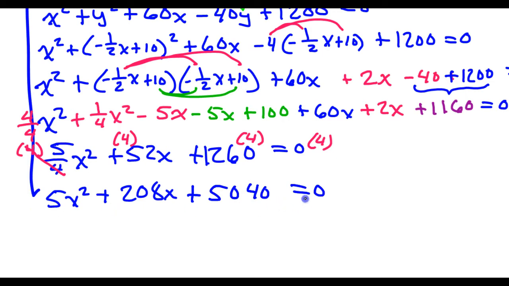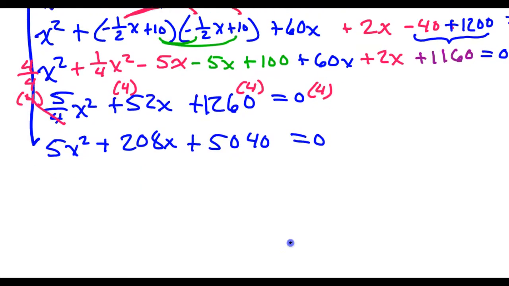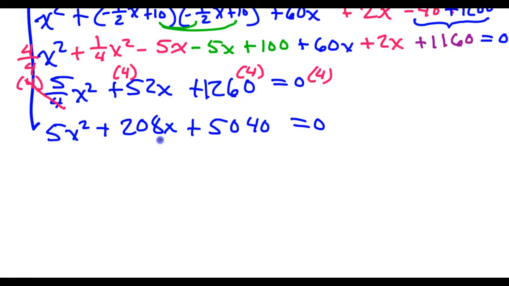So these are some really big numbers. So I hope I didn't make a mistake somewhere along the way. But I'm definitely going to use the quadratic formula on this.